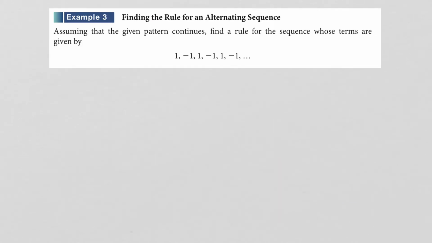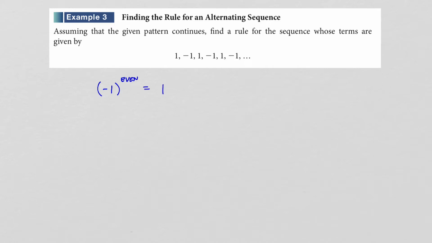For the third example, we want to try to find a rule for the sequence of numbers 1, -1, 1, -1, 1, -1, etc. So the way to think about this is powers of -1. So if you take -1 and you raise it to an even power, this is always going to be 1, right?